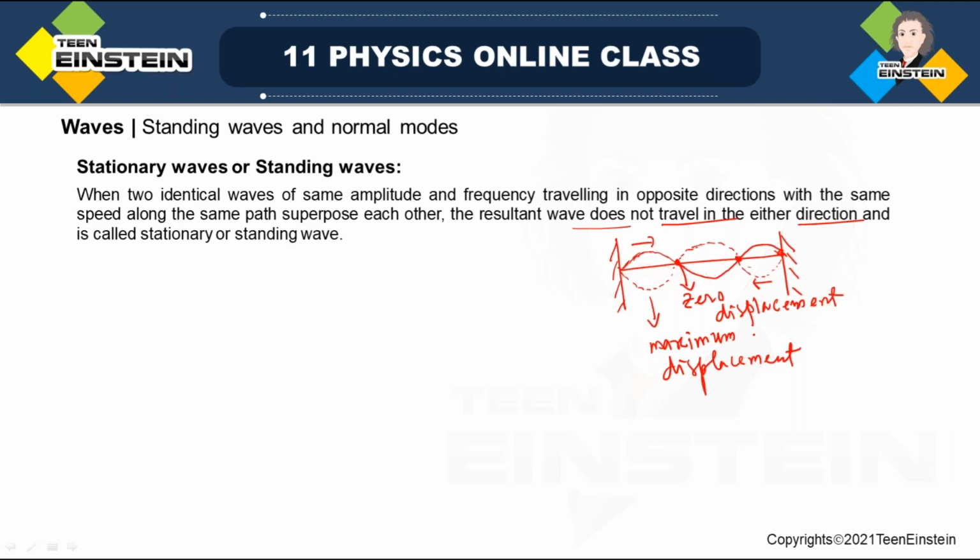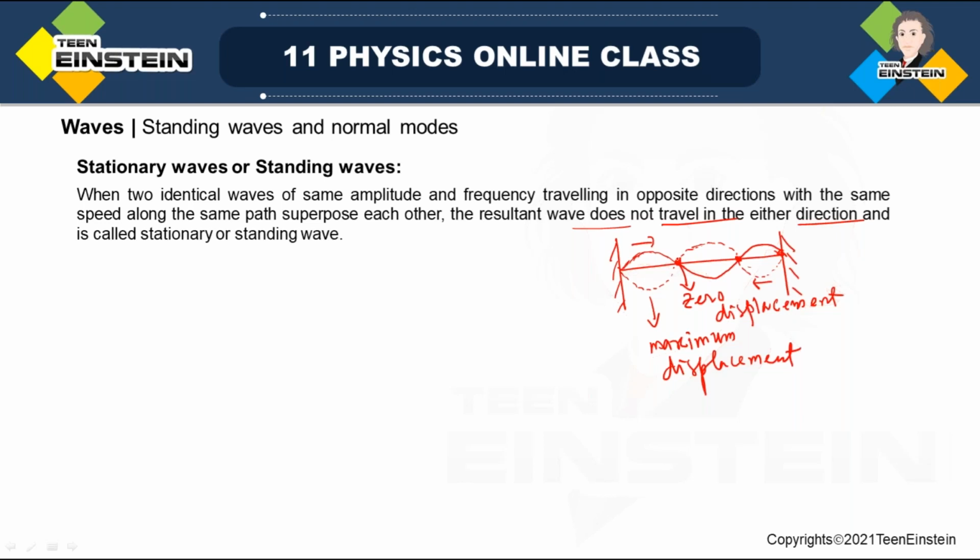You might be thinking, sir, how do I know it is a standing wave? This is the characteristic. Some places the particles of the medium will have maximum displacement, and some places the particles of the medium will not at all move, not at all vibrate, not at all oscillate.